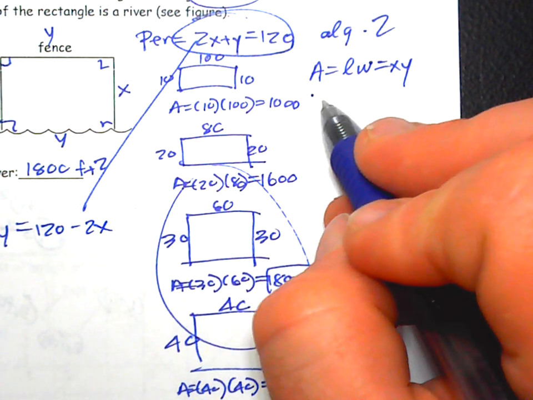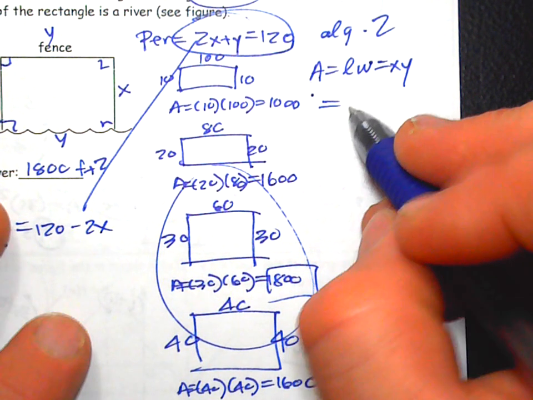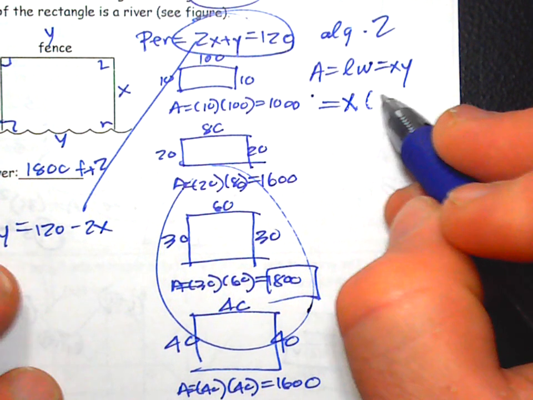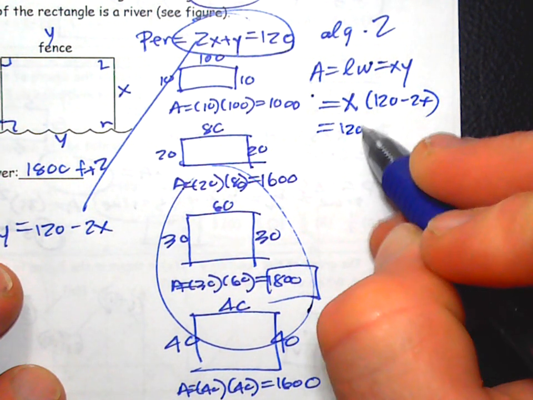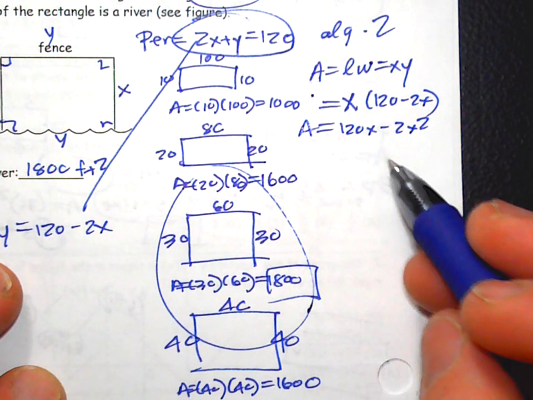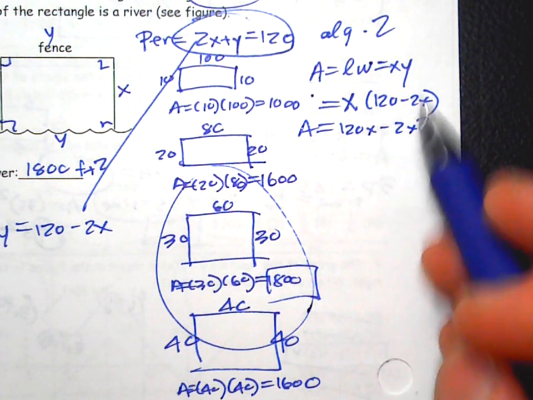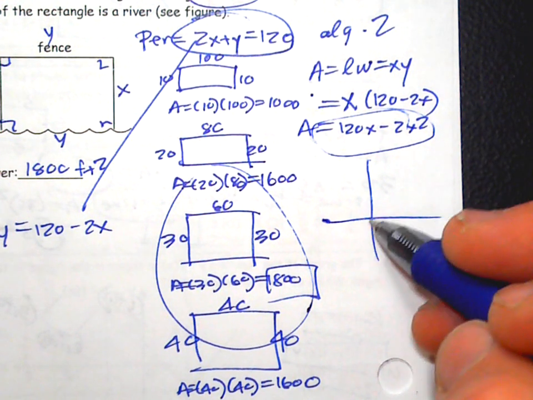So then X is X, Y is 120 minus 2X, and then that would be 120X minus 2X squared. And then you're looking for the biggest value of this graph. What's that graph? Well, that's an upside down parabola, right?